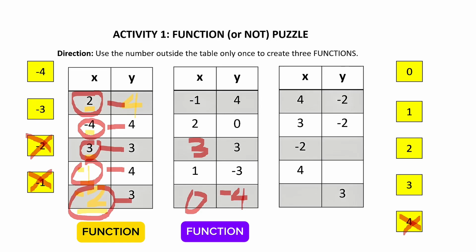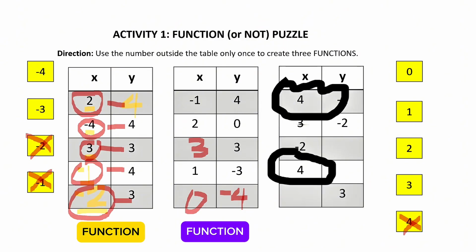For the next table, table number 3, the x values are 4, 3, -2, and 4. What did you observe? Okay, I observed that there are two values of x that are the same. So we need to say x here are repeated. There are two 4s.